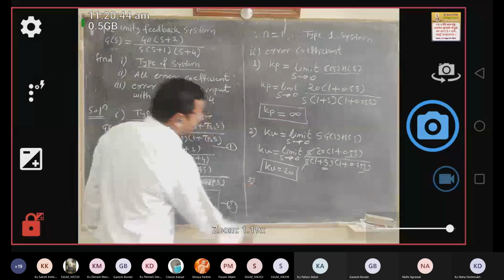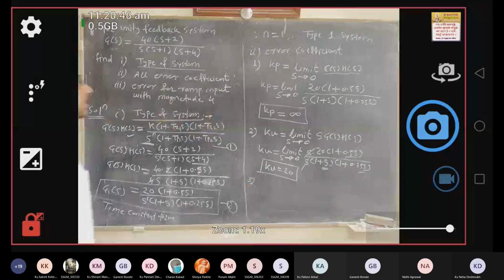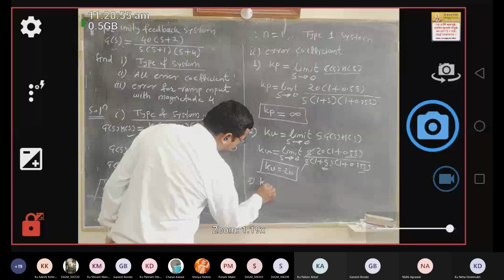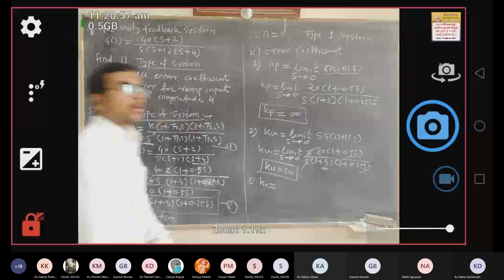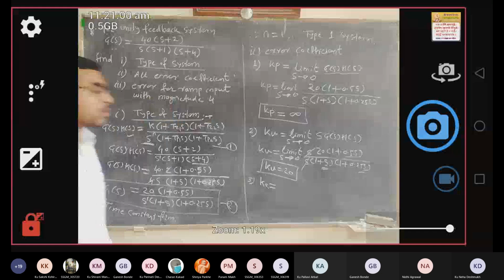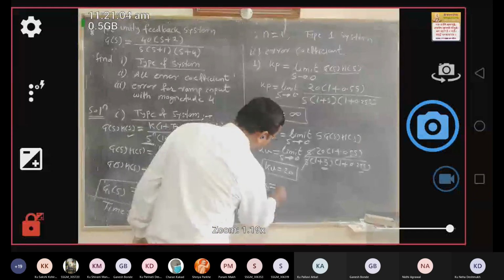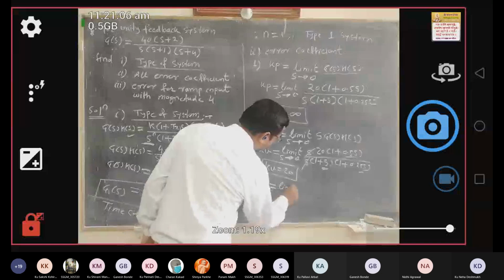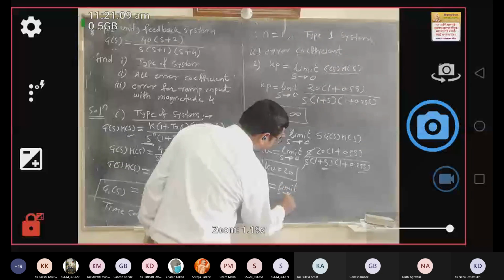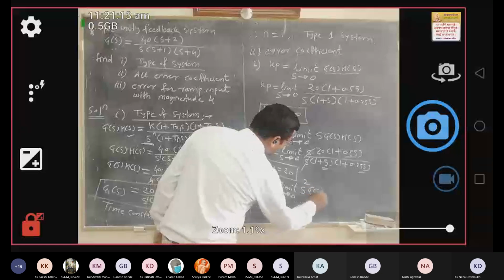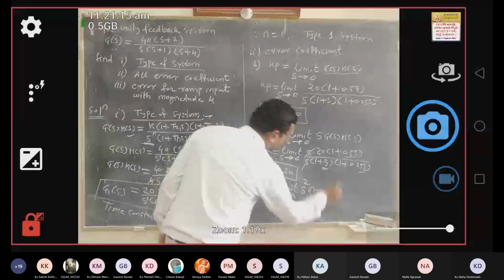Similarly, you can find the value of the third constant or error coefficient corresponding to parabolic input. Which type of error coefficient do we get for parabolic input? That is the acceleration constant or acceleration error coefficient, Ka. It will be given by limit s tends to 0, s square G of s into H of s.